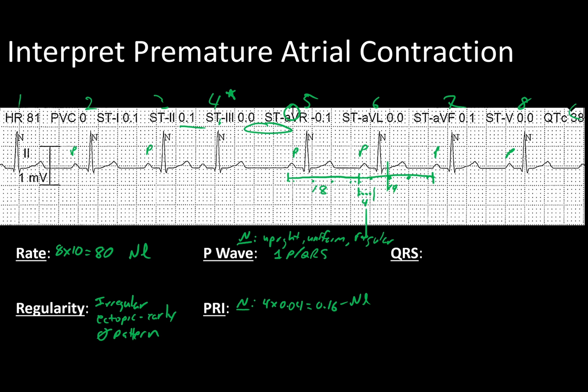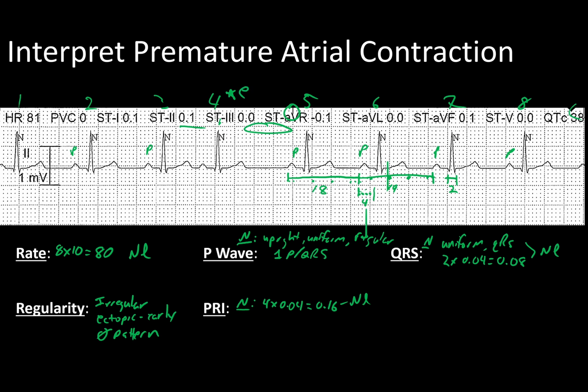And so we'll take a look at our QRSs next, and across our QRSs for all of our regular beats, we will see that those are uniform. They have the QRS pattern. And then our width, which we'll go ahead and measure this one, right at about 2. And so that's normal.